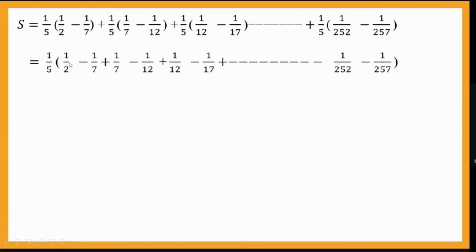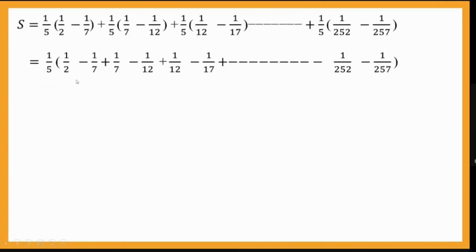I take 1/5 common and I get 1/2 − 1/7 + 1/7 − 1/12 + 1/12 − 1/17, up till, so on I go, plus 1/252 − 1/257. Now these terms will cancel out: minus 1/7 and plus 1/7, minus 1/12 and plus 1/12. For sure the next term would have been plus 1/17, which cancels with the minus 1/17, and finally the plus 1/252 term cancels with the previous term, and I'm left with minus 1/257 in the end.